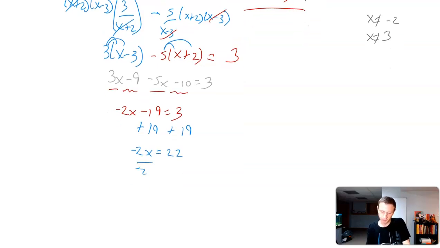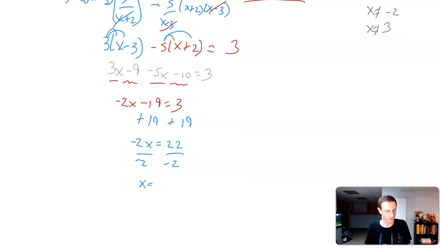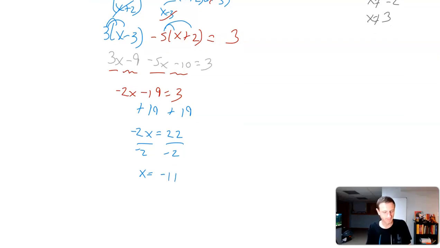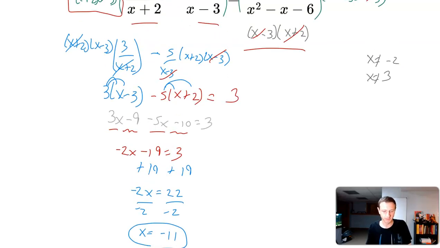Divided by negative 2. I'm going through the solving equation steps a little bit quicker, just because I don't want this video to be about solving equations. I'll make sure I'm just emphasizing the solving rational equations. And then 22 divided by negative 2 is negative 11. So x is equal to negative 11.